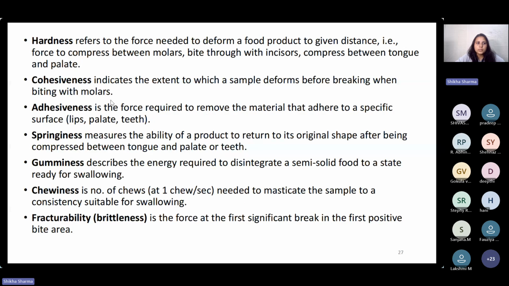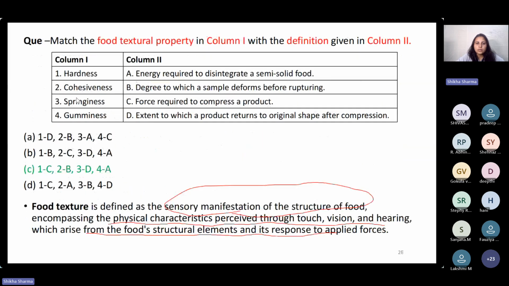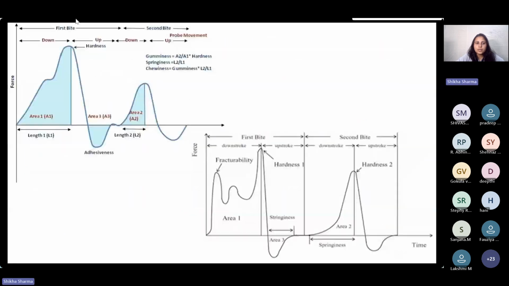So basically, here we have different texture properties. And here is the texture profile analysis, TPA. In previous slides, we have already seen the texture analyzer equipment.